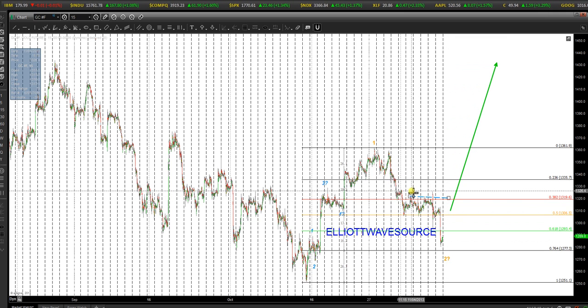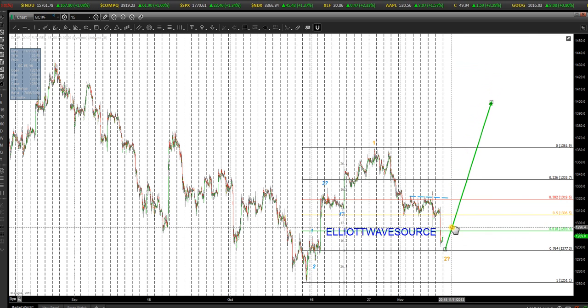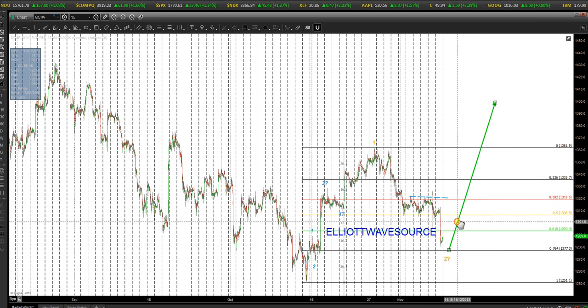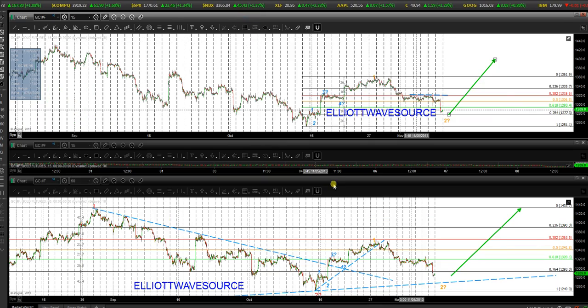So prices did push lower on the non-farm payrolls, and now it's currently at that 76.4% mark. So we should expect to see prices push higher from this point, though I would not rule out that it could push lower, and this is why.